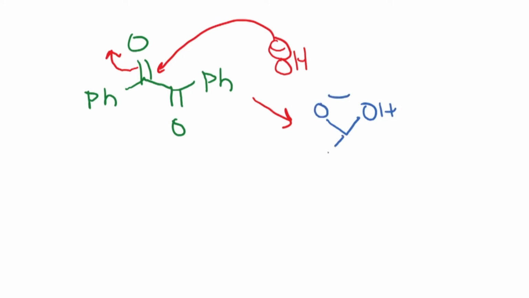You have O minus, you have Ph, C double bond O, Ph, and now we need to keep in mind that the product formed actually has two phenyl groups attached to the same carbon. So there has to be some sort of a migration that occurs. And so the migration that we can propose is the following: the collapse of this tetrahedral intermediate, and this phenyl ring here can actually migrate to this carbonyl and open up this carbonyl in the following manner.